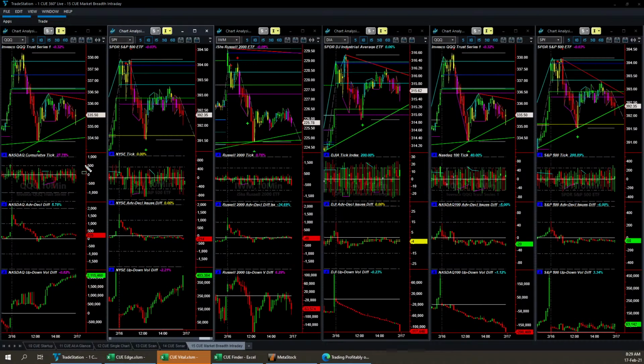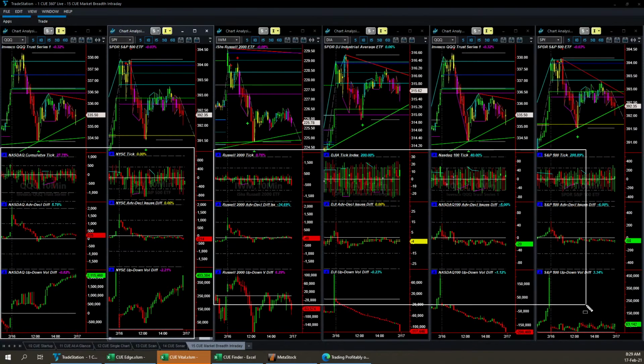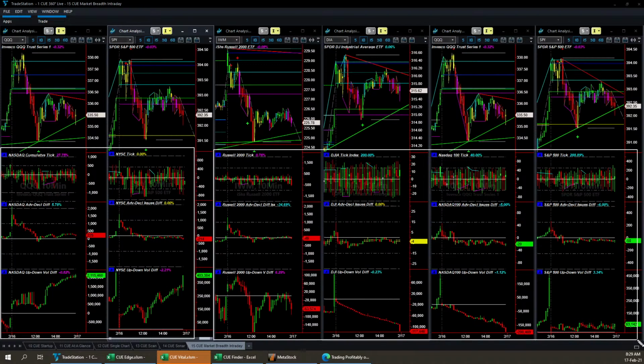Q Elite already had the intraday market breadth. Now I have expanded it further to include the two composites which were already there, and now expanded that to include the 4 major indices: Russell 2000, Dow Jones Industrials, Nasdaq 100 and S&P 500.